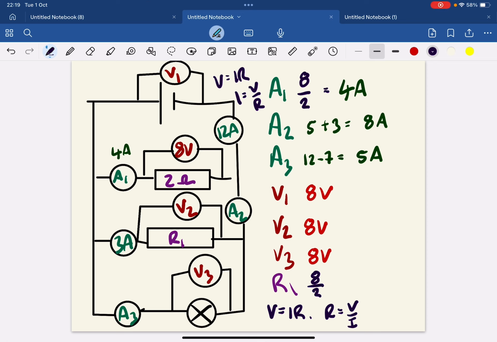Divide that by our current, which is 3 amps. So on a calculator, that'll be 2.67, or you can round it up to 2.7 ohms. Again, if any of that is confusing, pause it, replay the video again, and it's just practice using the calculation.